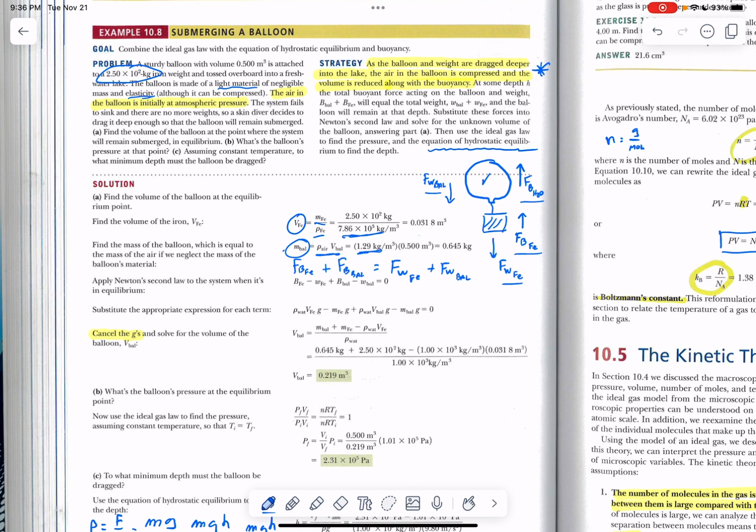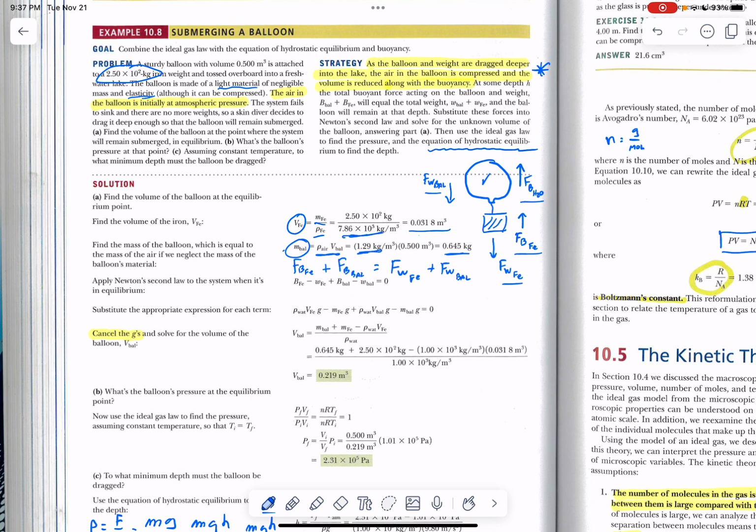So now I have the volume of my iron, which will help me to find the buoyant force of the submerged iron, because the buoyant force is going to equal the weight of the displaced water, and the displaced water will have the same volume as the iron. And I also now know the mass of the air inside the balloon.